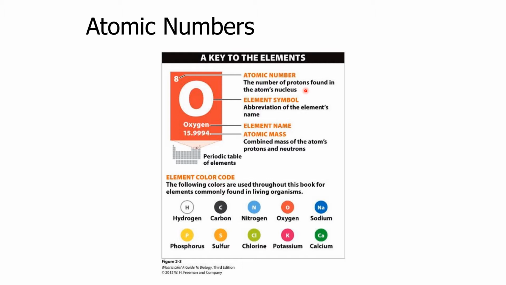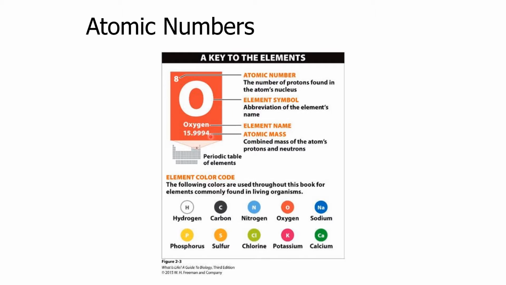And as we said, the number of protons is always equal to the number of electrons. So if oxygen's atomic number is 8, that means oxygen has 8 electrons and 8 protons, because again, the protons and electrons are always equal.